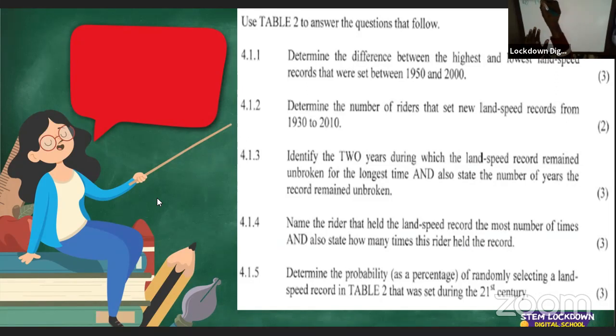So we have 1950 and 2000. We want to determine the difference between the highest and lowest speed that we achieved during this time.